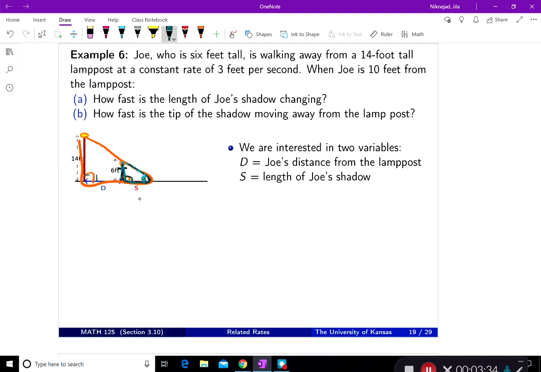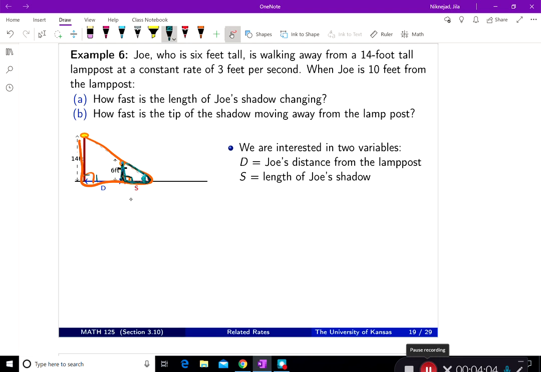And so we have to use the fact that they're similar triangles to figure out how S, 14, 6, and D are related together. So let's use the similarity to write down a relationship between S, D, 6 feet, and 14 feet.